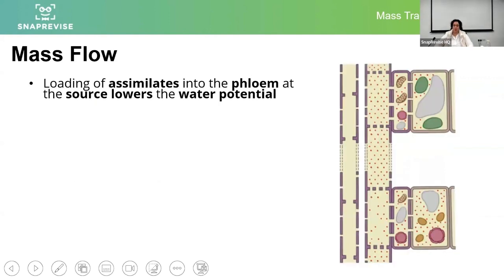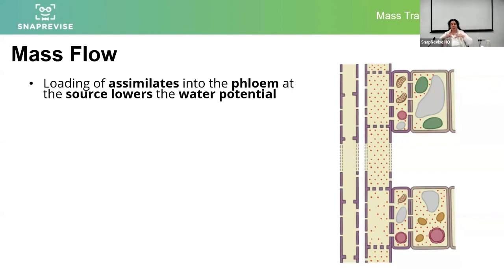Okay, so what are the stages of mass flow, basically of translocation? The words mass flow and translocation are not interchangeable. Translocation, as we said, is simply the flow of assimilates from source to sink.